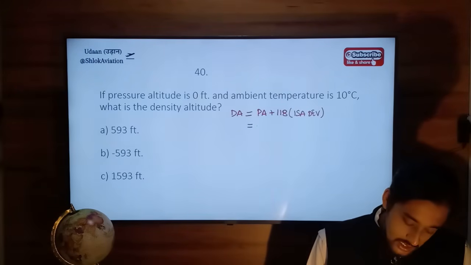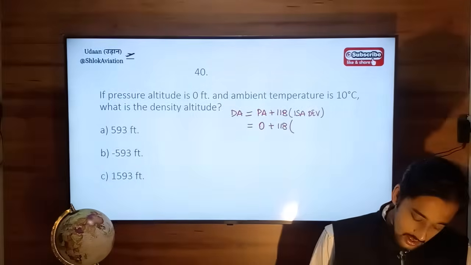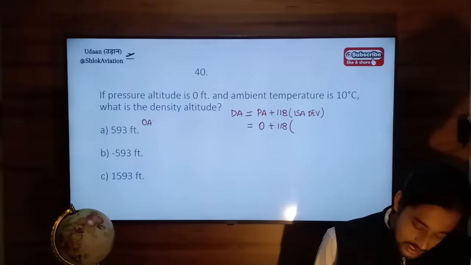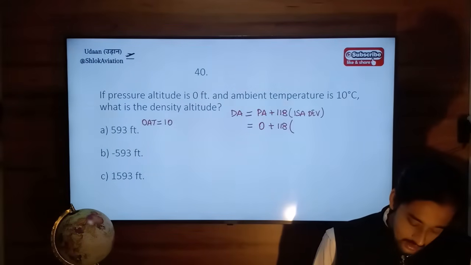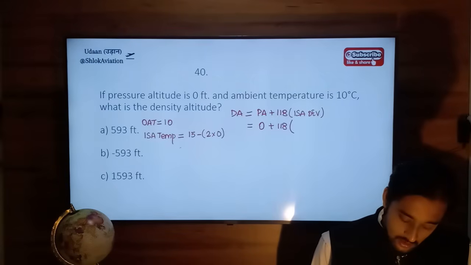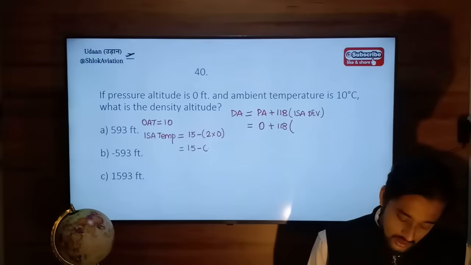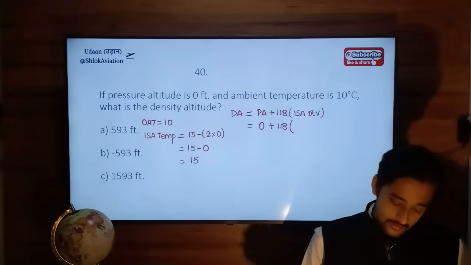Pressure altitude is 0. ISA deviation, let's find out. Outside air temperature is 10. ISA temperature is 15 minus 2 into 0. 15 minus 2 zeros is 0. So 15 minus 0 is 15.